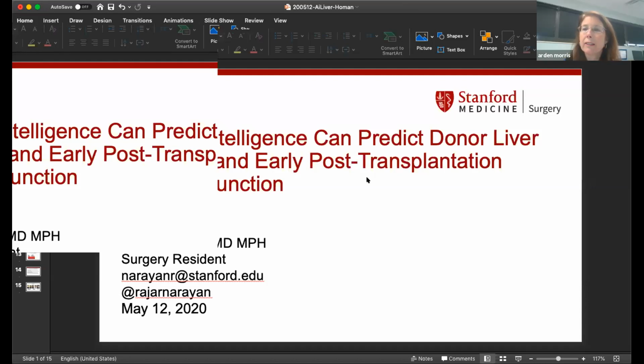Okay. Dr. Escovel says, great work. Is microsteatosis the reason for overestimation by the pathologist? And notes that macrosteatosis is the one associated with EAD in most common studies. So that's a great point. There are different centers that make a distinction between what's called microsteatosis and macrosteatosis. These are also known as large droplet or small droplet fat vacuoles.